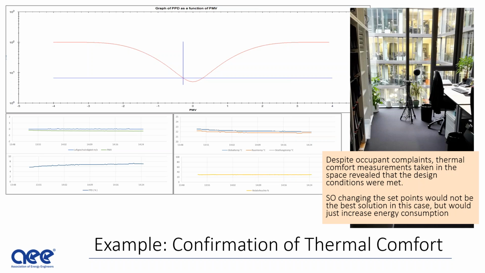It's often really enticing to just change a set point, or ramp something up, or turn something all the way up, or put something in manual. Being able to investigate the cause of the issue a bit more can help prevent making an energy-consuming measure that doesn't address the core problem.